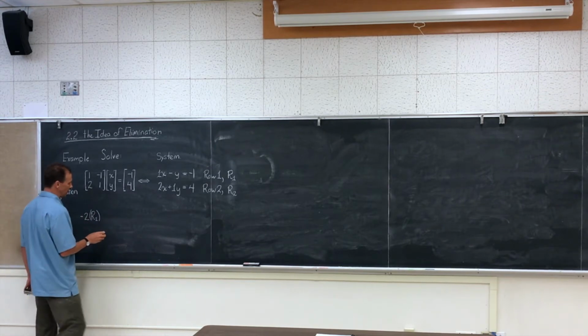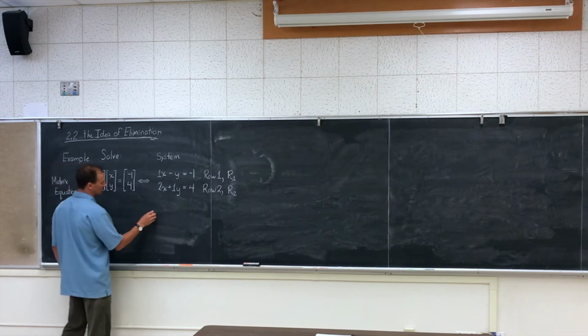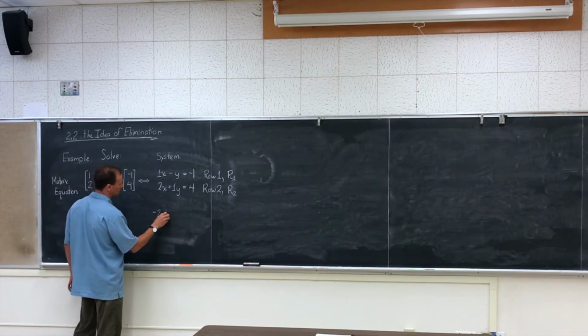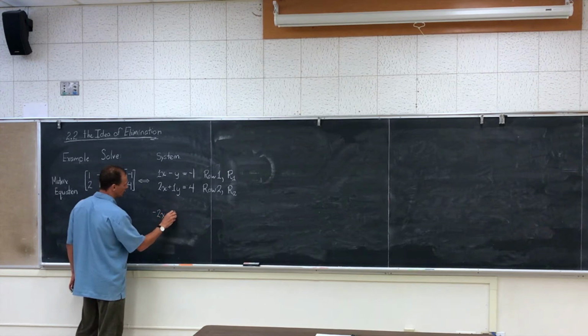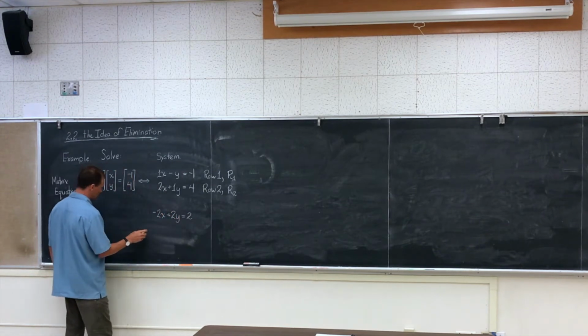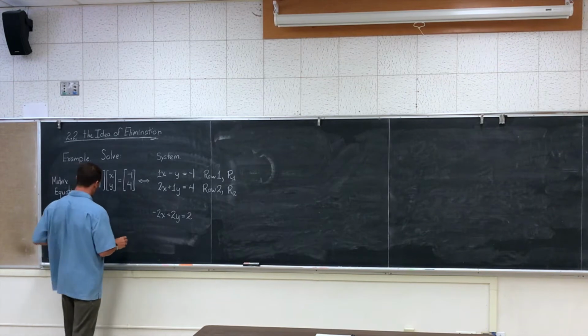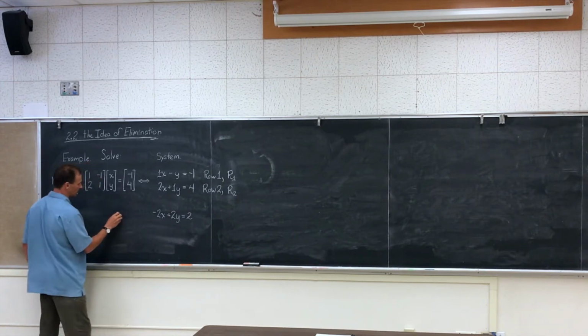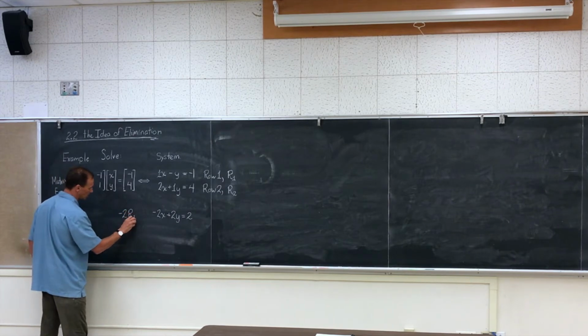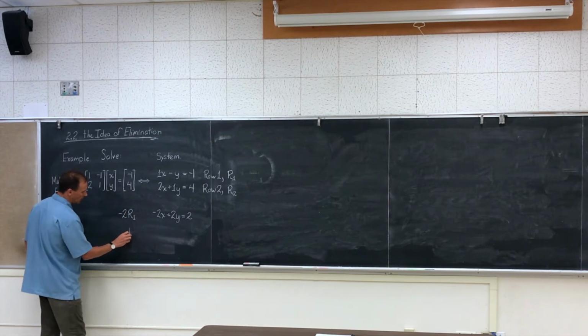So if I did that, I would get minus 2x plus 2y equals positive 2. And then you would have written row 2 down beneath it. Let's write it this way. So this is minus 2 row 1. And then I'll just copy row 2 down beneath it.